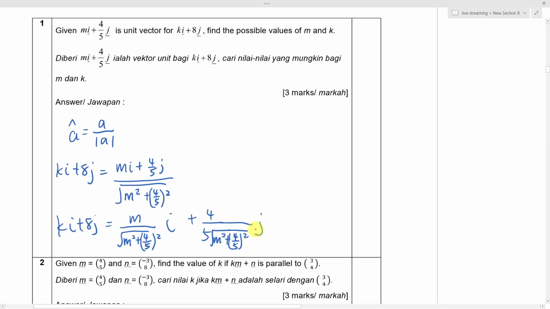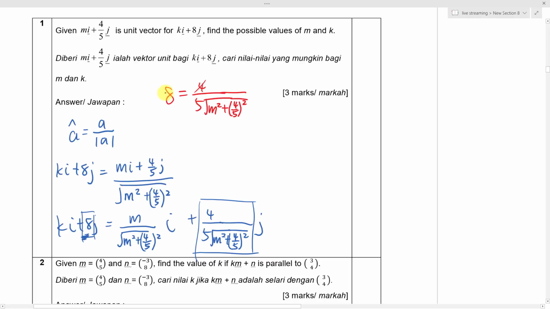Because I know my j component equals 8, that means the whole thing here should equal 8, isn't it? So I will say 8 equals 4 over 5 square root of m square plus 4 over 5 square. I will solve this.